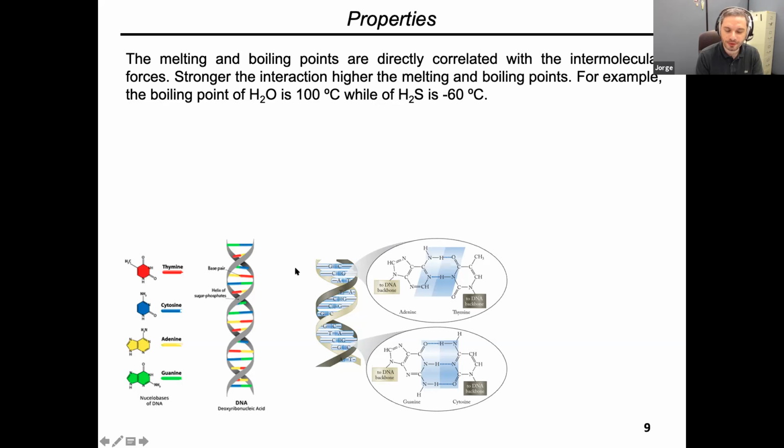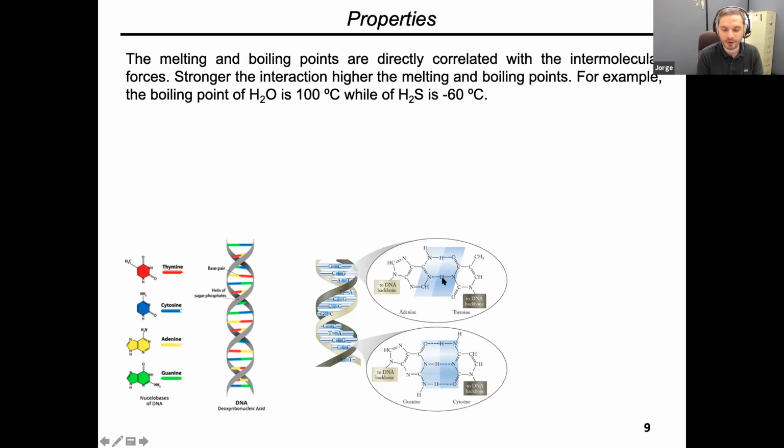Hydrogen bonding is very important in biological systems. And the classic example here is the DNA double helix. This structure is only possible because of hydrogen bonding. So when we have two nitrogenated bases interacting with each other, we see here that we have a hydrogen bonded to a nitrogen.